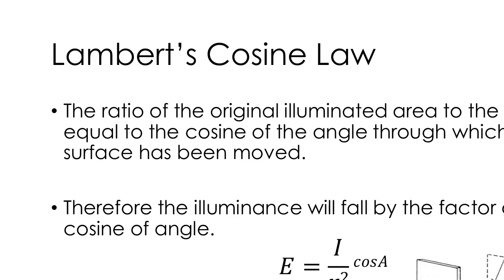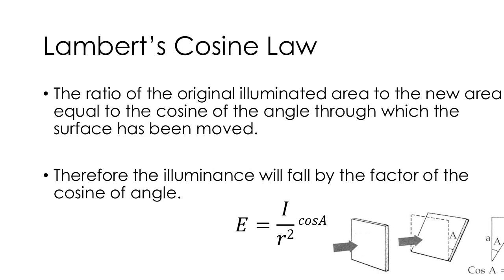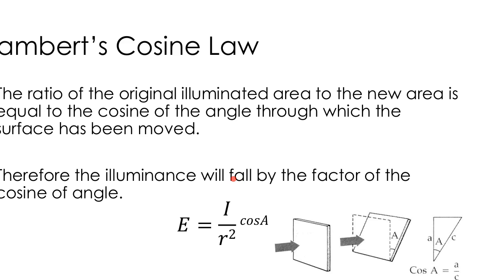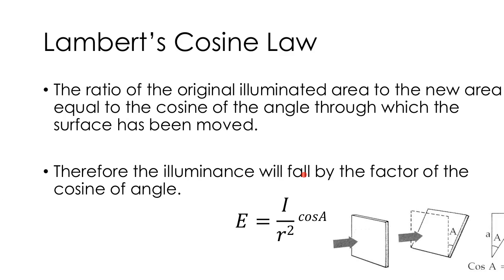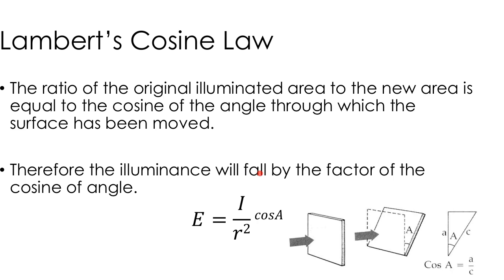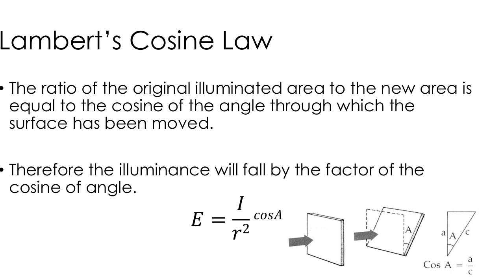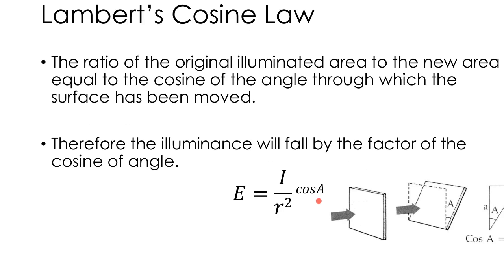You can see there. From Lambert's cosine law, the ratio of the original illuminated area to the new area is equal to the cosine of the angle through which the surface has been moved. Therefore the illuminance will fall by a factor of the cosine of the angle.